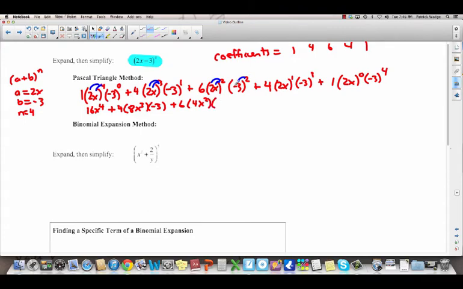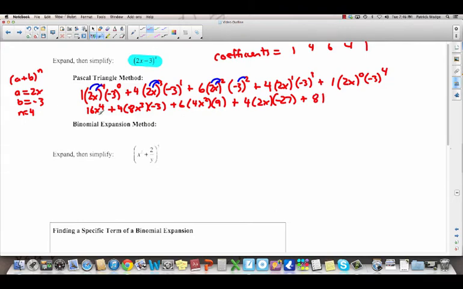Negative 3 squared, the negative is being squared, so it's 9. Plus 4, 2x to the first power is still just 2x. Negative 3 cubed is negative 27. Plus 1, that's fine. 2x to the 0 is still 1, so we got 1 times 1 is 1. Negative 3 to the fourth power is positive 81.